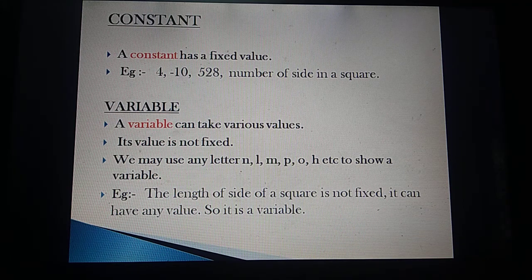Example, the length of the side of a square is not fixed. It can have any value, so it is a variable. So my dear children, let's take the example of a square. Whenever we have a square, we have 4 sides, but the length is not fixed. It depends on the sum.